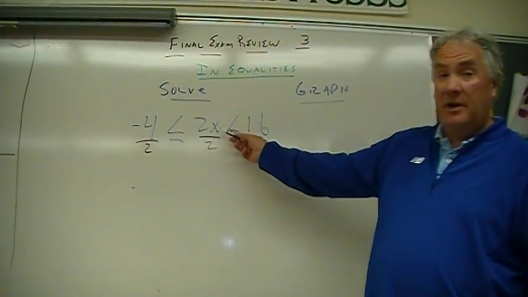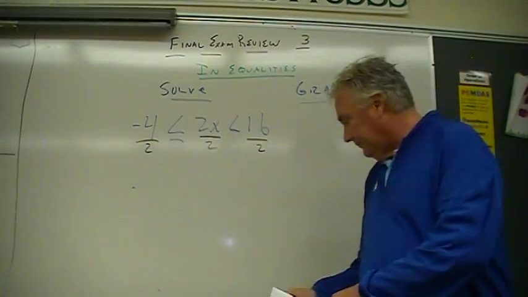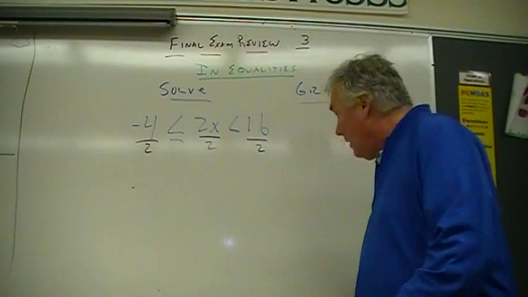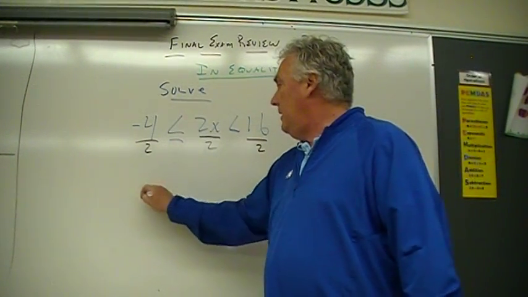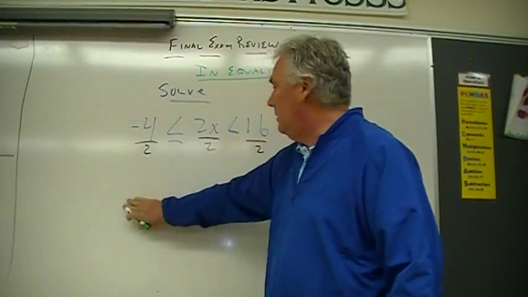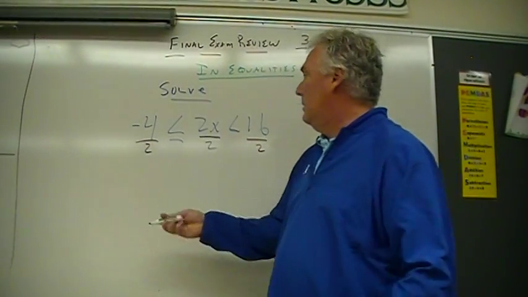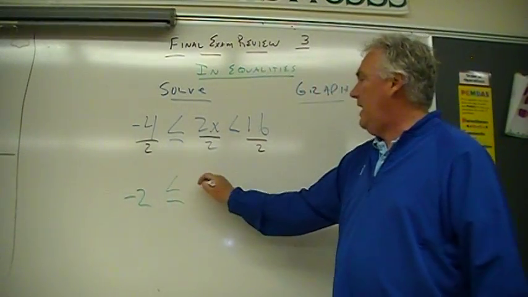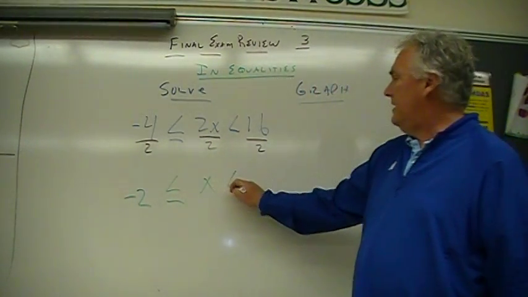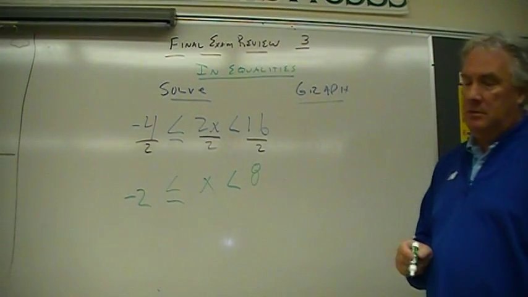And that will give us our x by itself. So, -4 divided by 2 is -2. Less than or equal to x, less than or equal to 8.